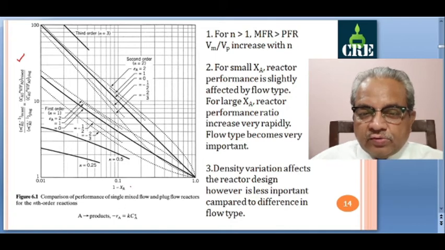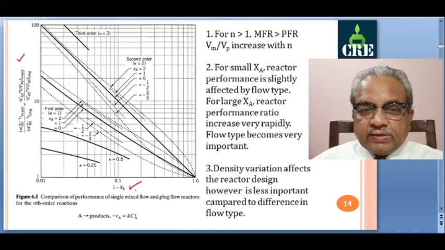Now here you can see 1 minus Xa is plotted on the x-axis. This is a log plot, so the scale is in multiples of 10: 0.1, 1, 10, 100, like that.